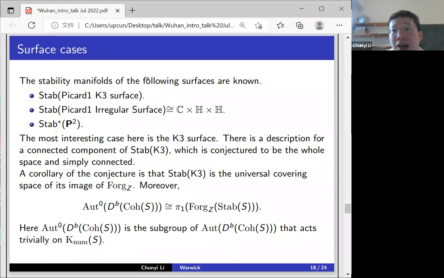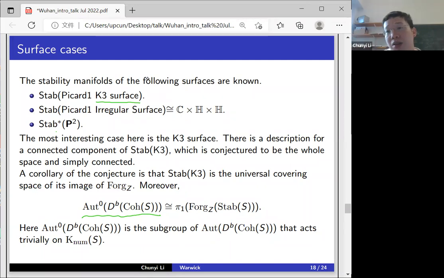The most interesting case, let me say a few words, is the K3 surface case, because like the case of the elliptic curve, it also has a very interesting autoequivalence group on the bounded derived category, which besides the part that comes from the category of coherent sheaves, also has a lot of so-called spherical twists. Even classically, this group is not understood very well yet, unlike the case of the elliptic curve, for which the autoequivalence group is already very well understood.